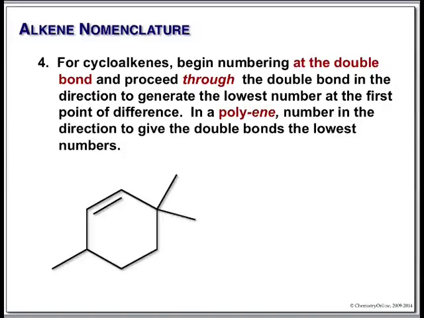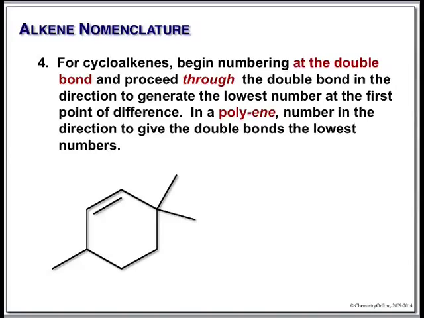Let's say we had this guy. If we didn't have the double bond in there, it would scream at us that this should be carbon 1, right? But we must start numbering at the alkene and proceed through it. Now, we could do that calling this 1, that 2, or this 1 and that 2.